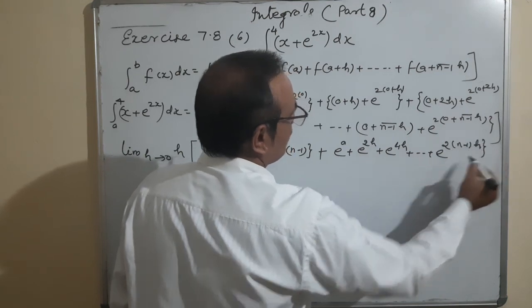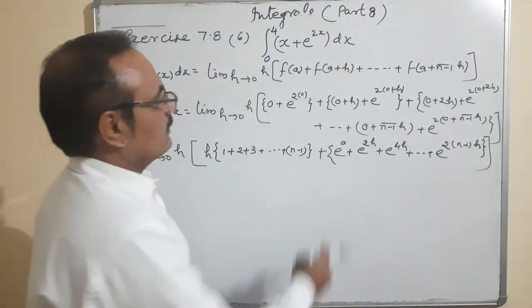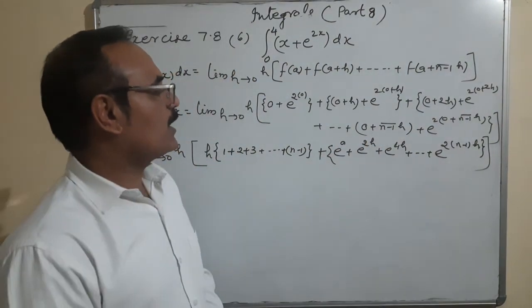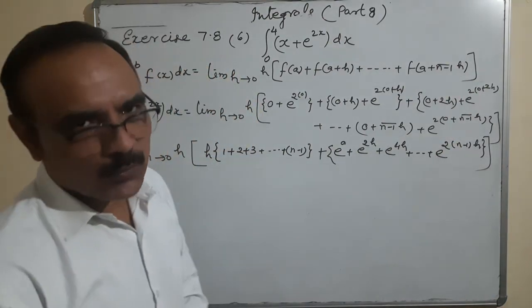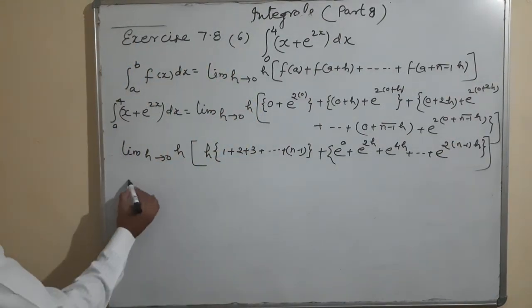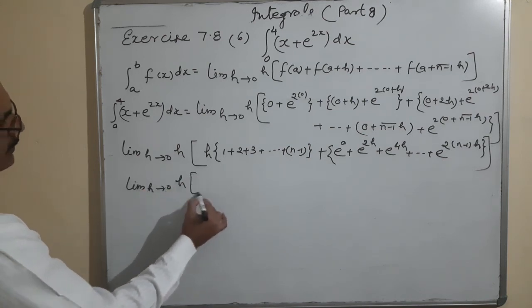Is it okay? Any confusion? Clear? E to the power 0, e to the power 2h, plus e to the power 4h, up to e to the power 2 n minus 1 into h. Limit h tends to 0, h.